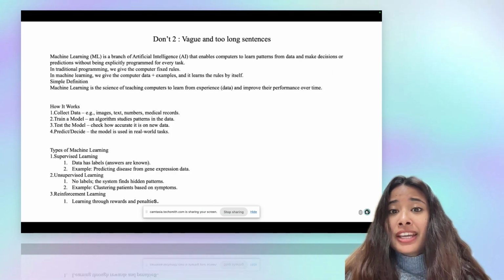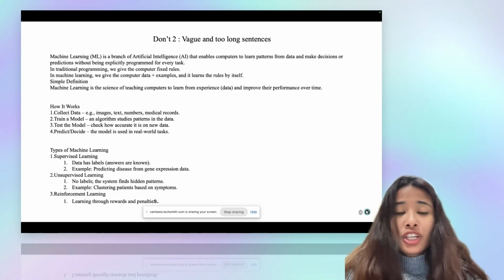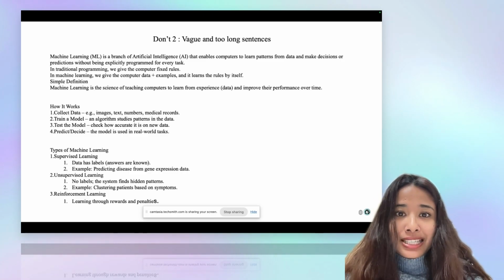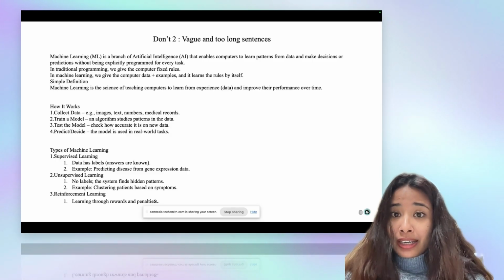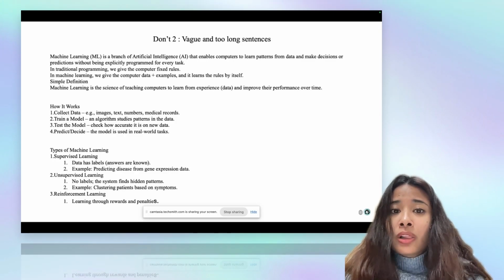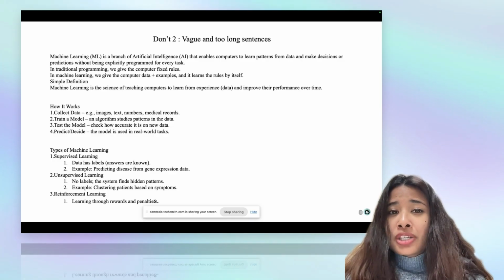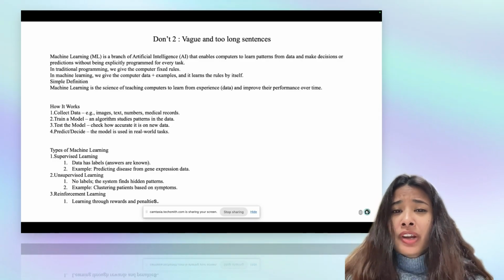Next is vague and too long sentences, don't number two, where we write so much information. For instance, if I want to explain machine learning, it goes on with literally all the long text, which we don't want to write here. It should be in bullet points, very crisp and clear.